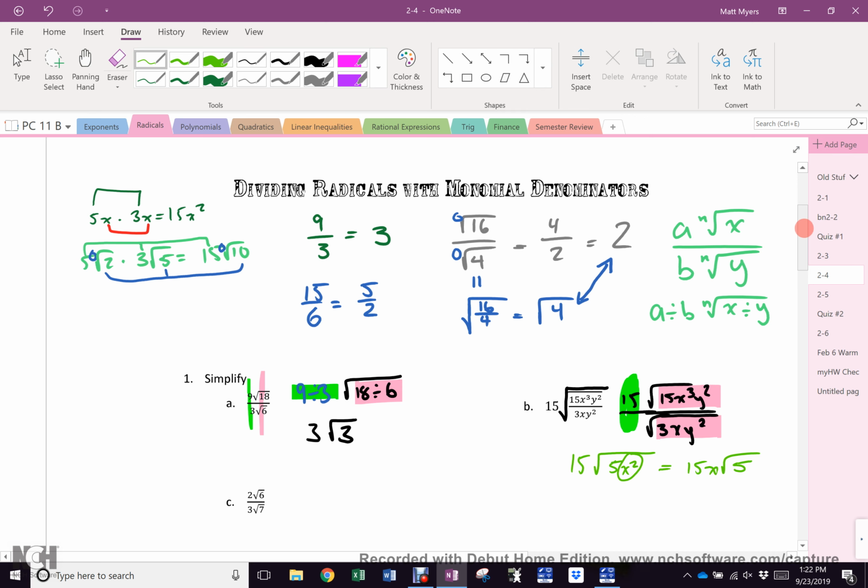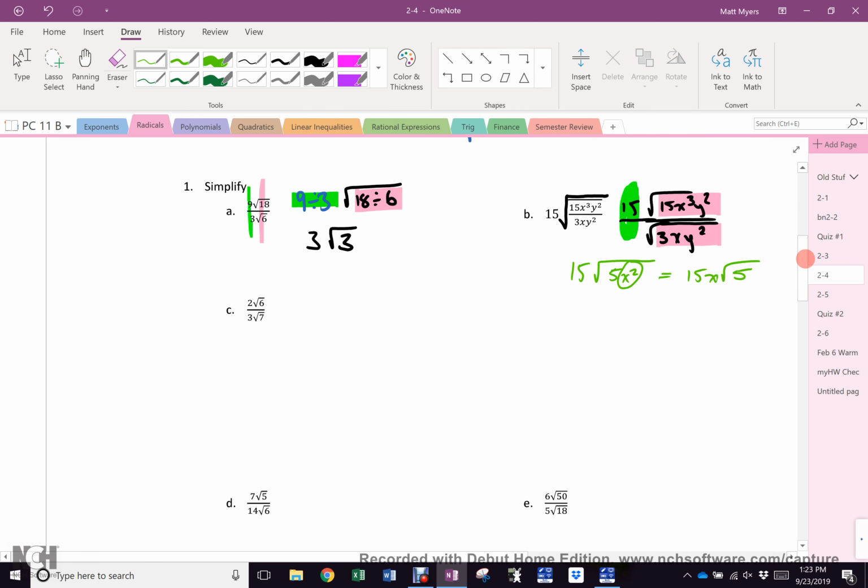What is different in C? And those of you that have been in my class long enough know that this much white space means there's something coming. What's wrong with C? It is already as simple as it could possibly get with the knowledge that we already have, correct? All right. Now, if you were in my honors class last year, pre-diploma 10, you already know what to do here.